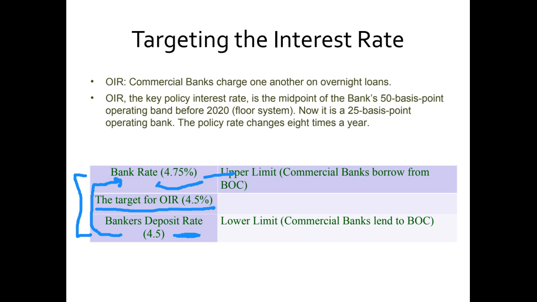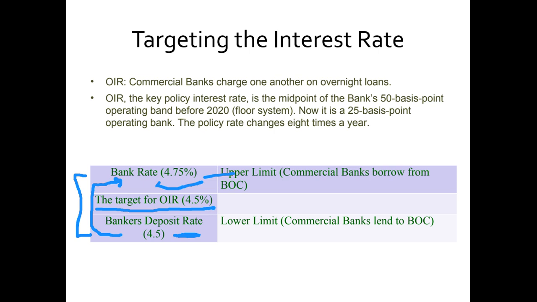Okay. Now, you must be thinking that I'm talking about the policy rate, the overnight interest rate, but what about other rates, mortgage rates, prime rates? If you want to buy a car, then you pay interest on car loans. There is also interest on your credit card bills.